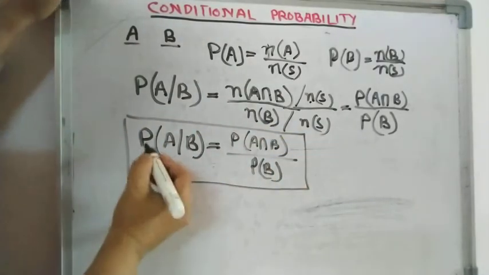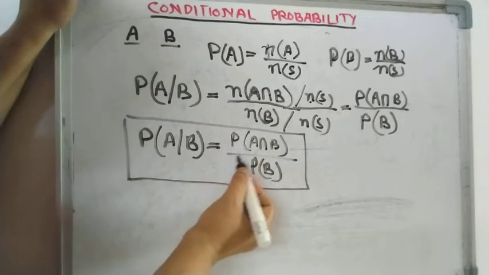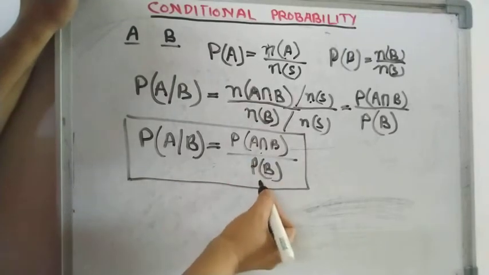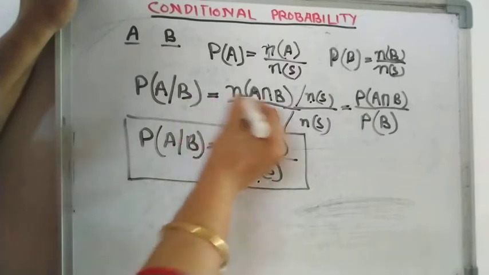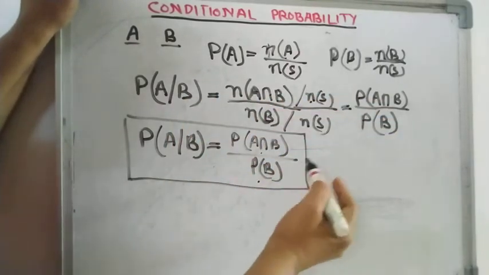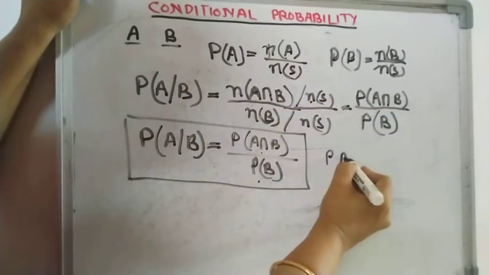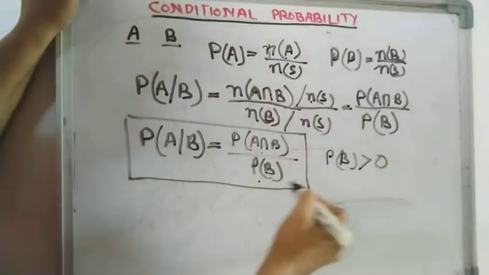That means probability of A given B is equal to probability of A intersection B divided by probability of B, provided that probability of B is greater than 0; it should not be 0.